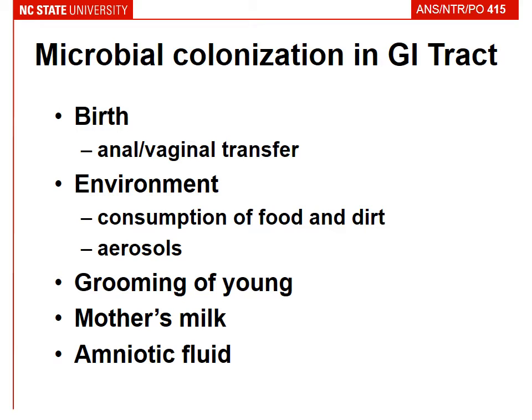You also have microbes from the rectum that are able to move over and get within the vaginal canal. So when an animal is born and going through that birth canal, they will have those microbes all over them.